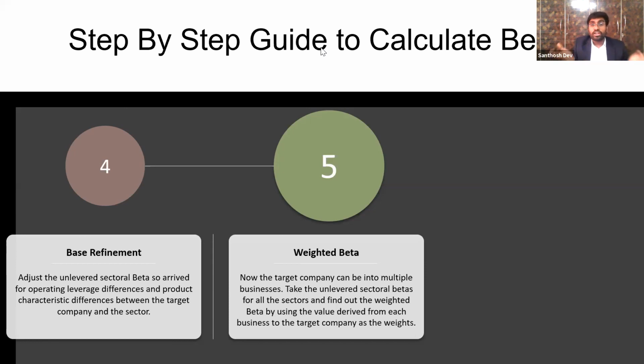I will be allotting weight to the different betas. The weighted beta that I arrive at will be more refined, because I am into two businesses. I've taken the betas for two different sectors which follow my business, and then I'm going to take them based on my weightage.